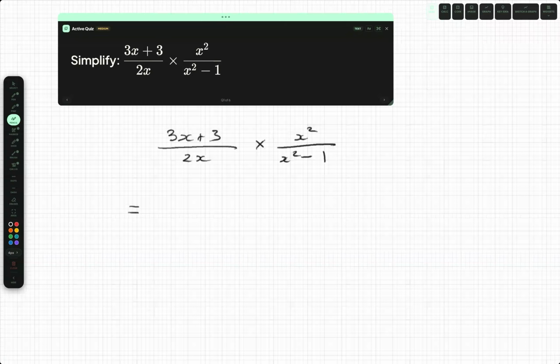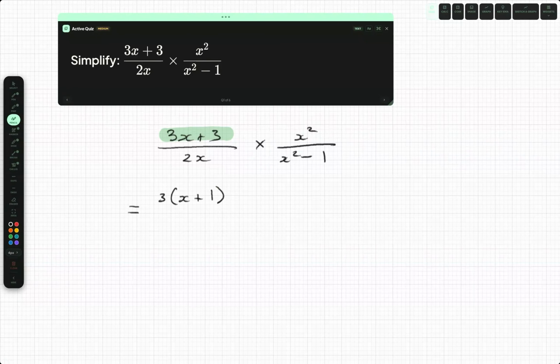And we've got to pretty much do this one part at a time. So we're just going to consider this group here first, okay? 3x plus 3. Let's factor out the 3 and be left with x plus 1. All right, we can't do anything about the 2x, so we're going to leave the 2x as it stands.